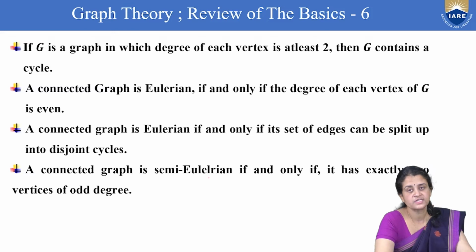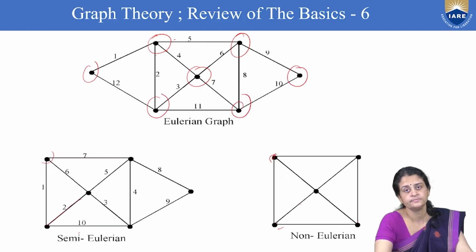A connected graph is semi-Eulerian if and only if it has exactly 2 vertices of odd degree. Here, how many vertices are of odd degree? Here we have one vertex of degree 3 and another vertex of degree 3. And here it is 4, 4 and 2. So a connected graph is semi-Eulerian if and only if it contains exactly 2 vertices of odd degree.